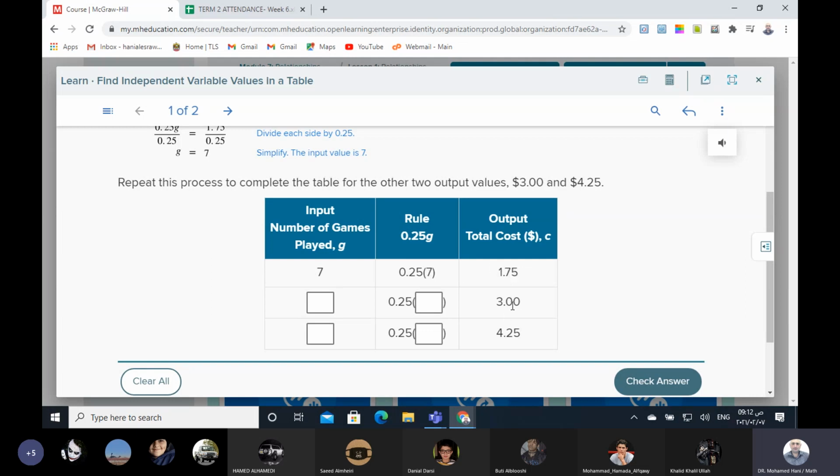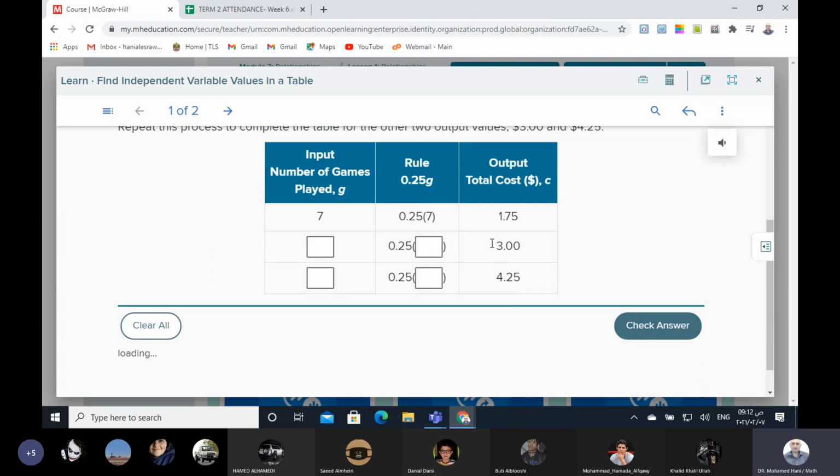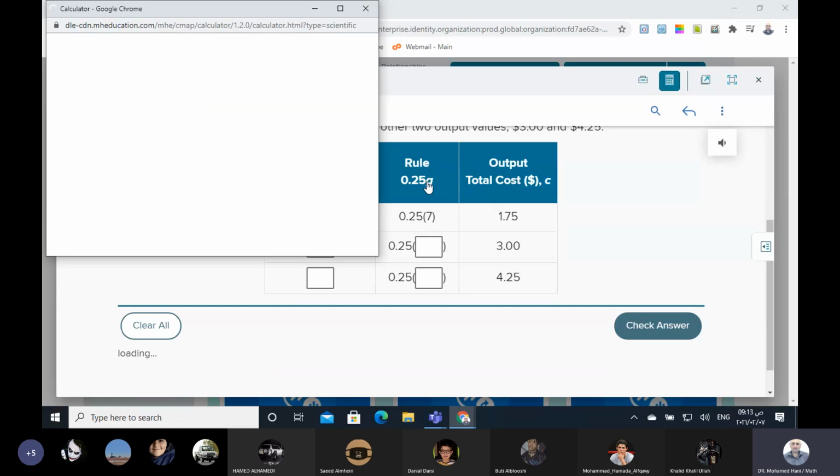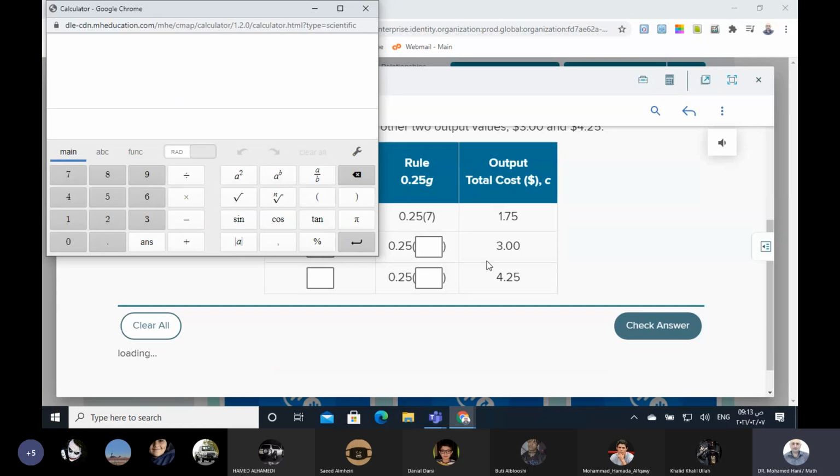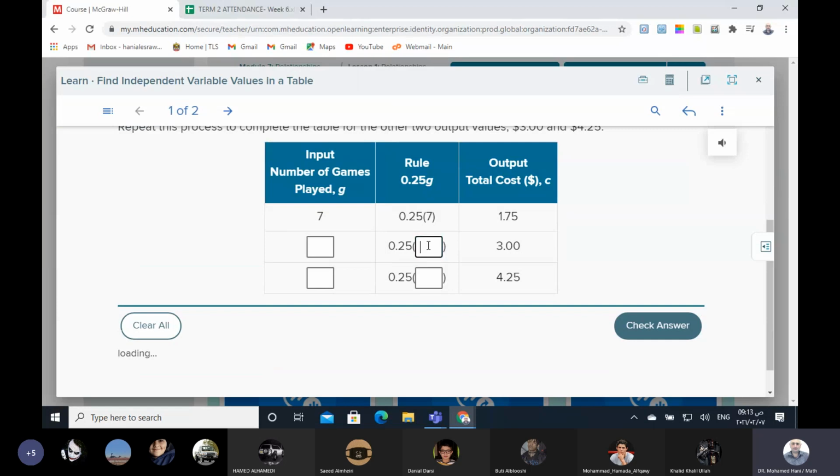If I have now the output and I have the rule, how do I solve the input? You can do the opposite idea. Take 3 divided by 0.25. We can write here 3 divided by 0.25. So the value here will be what?